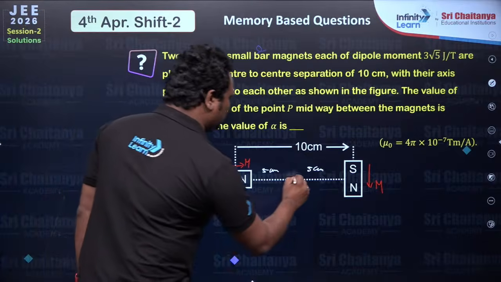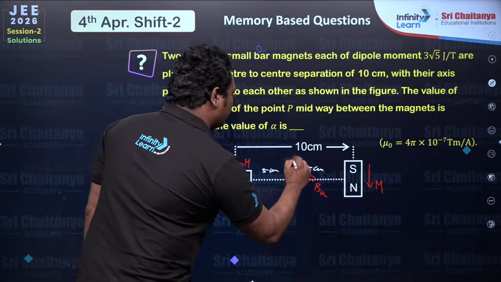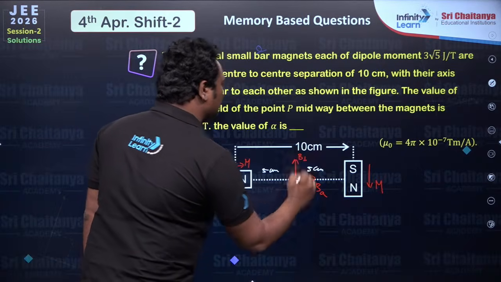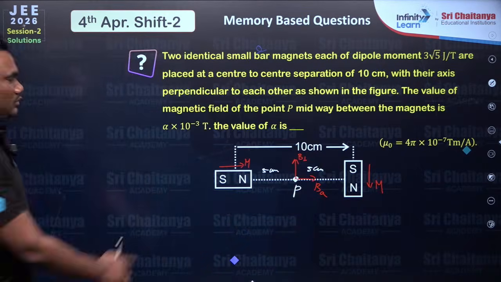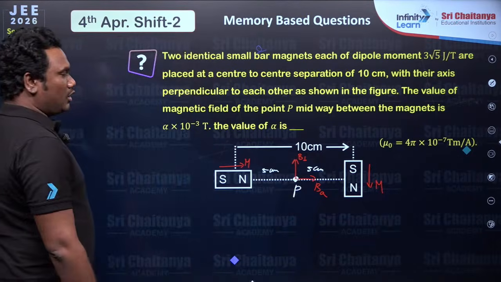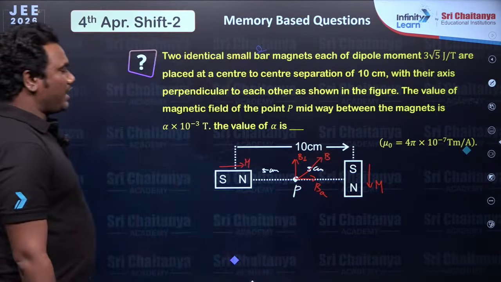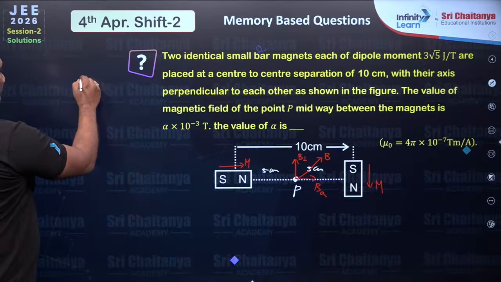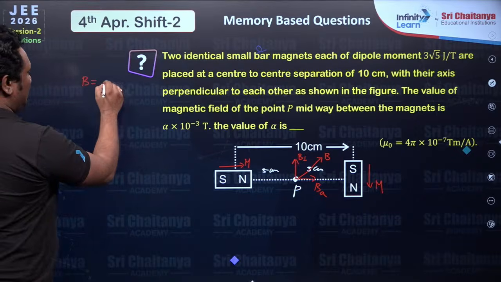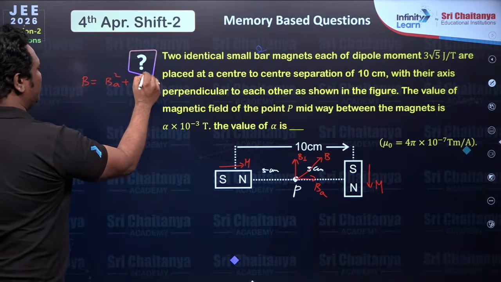We all know that B on the axis will be in the same direction as M bar, and B on the perpendicular axis will be in the opposite direction to M bar. So this is where you will get the net magnetic field. Net magnetic field is the square root of B axis square plus B perpendicular square.